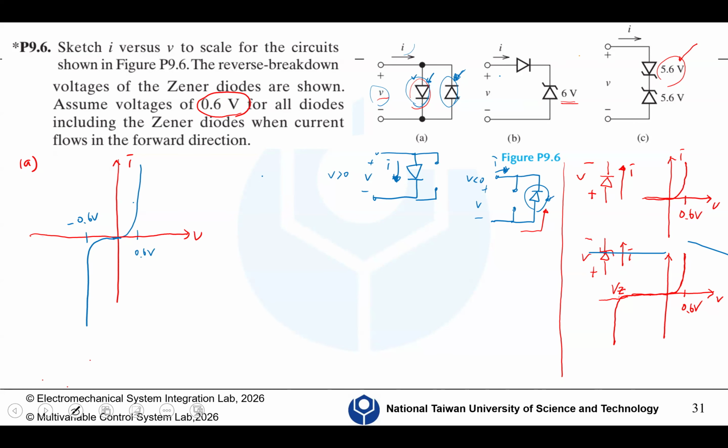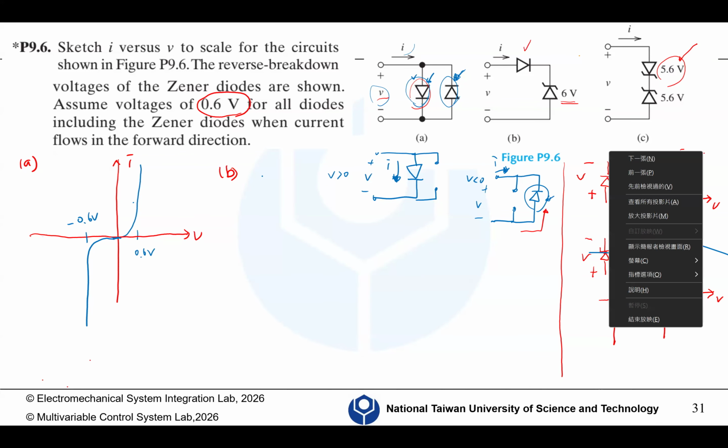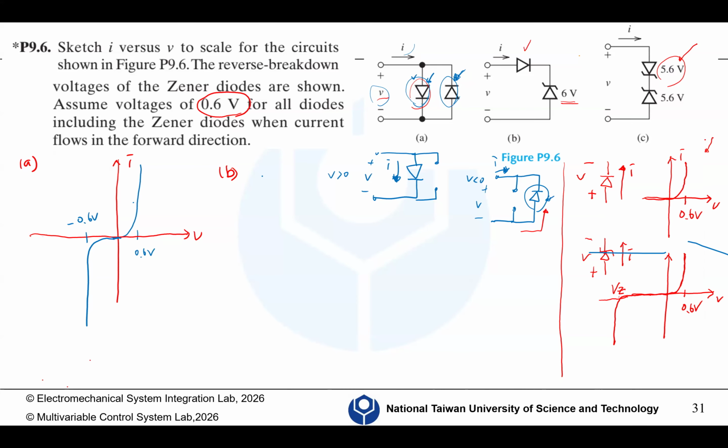And for problem B, we look at this diode. The characteristic diagram of the diode is just this.